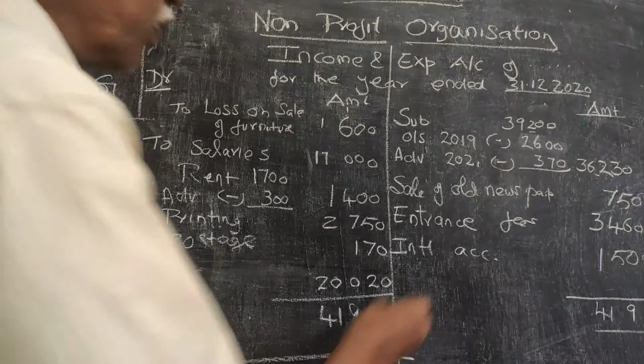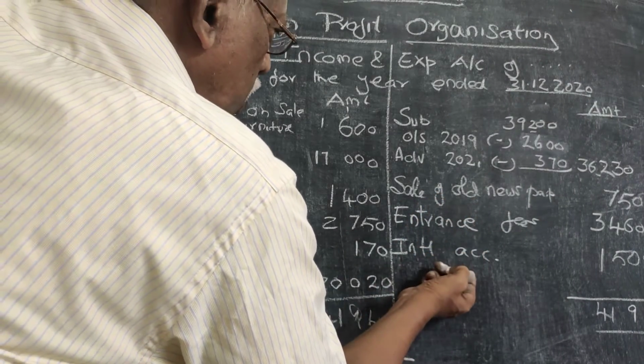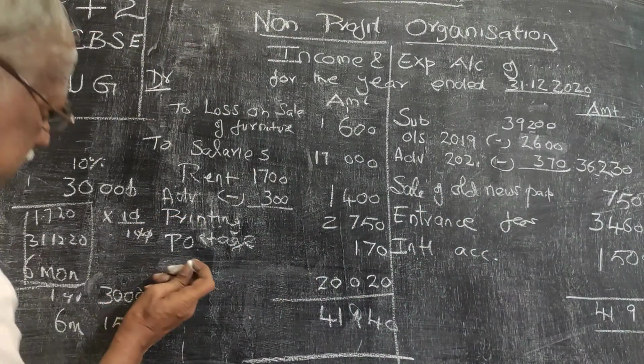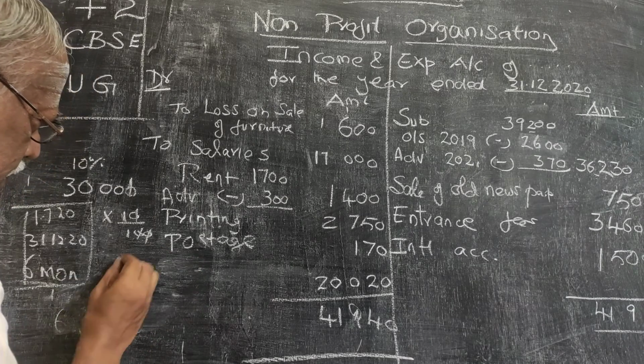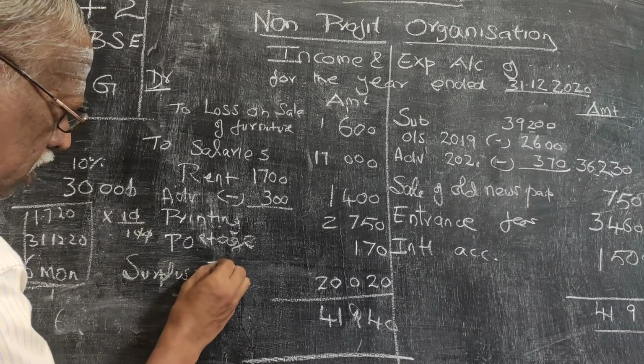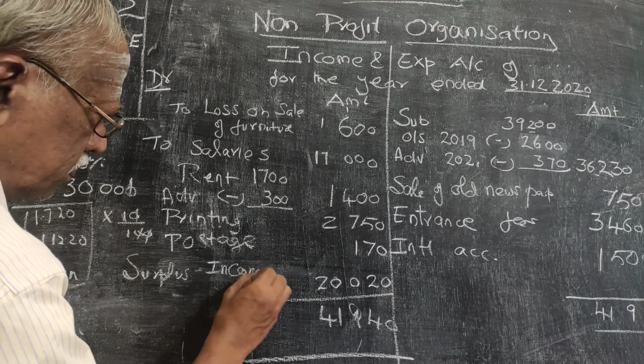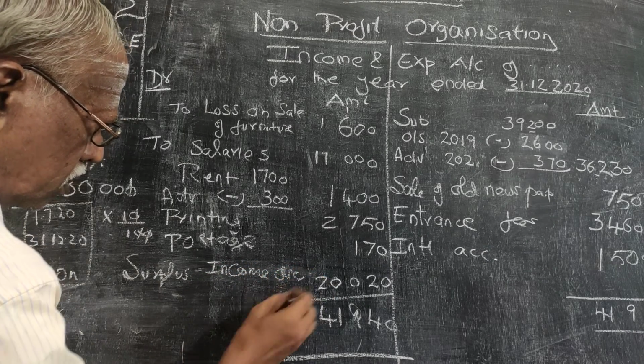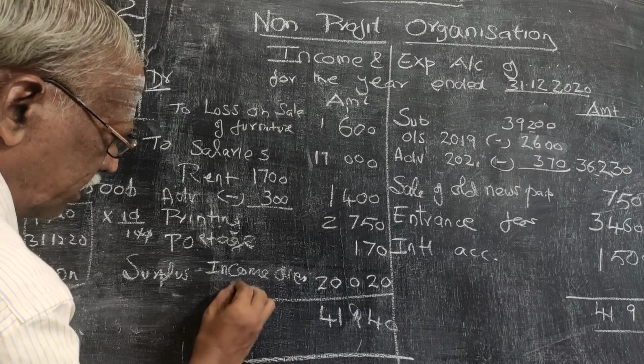We have collected income more than expenses, so we say that surplus income over expenses.